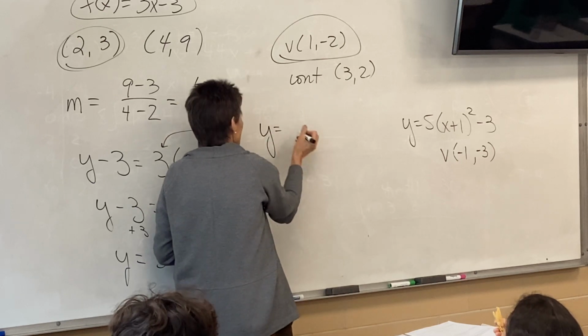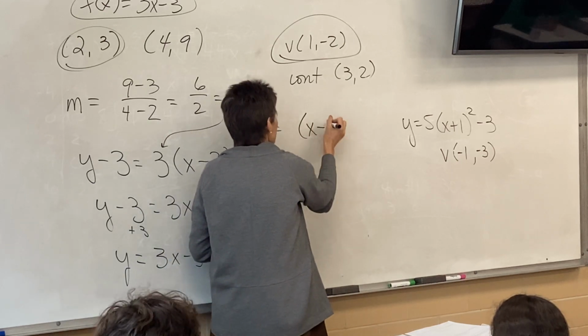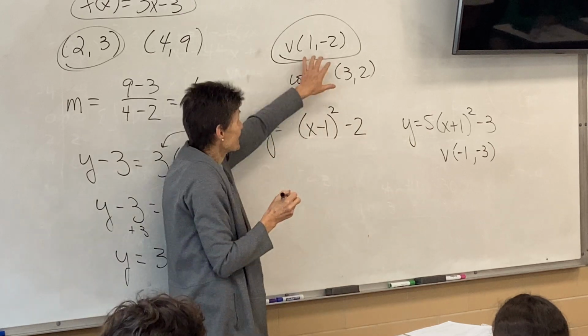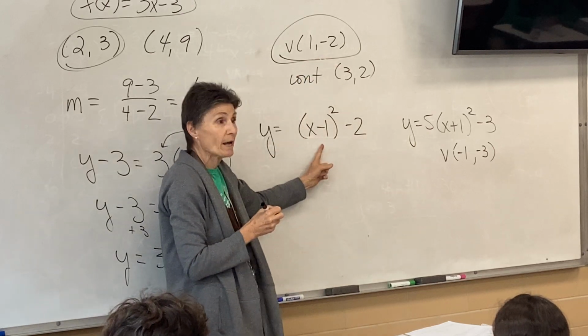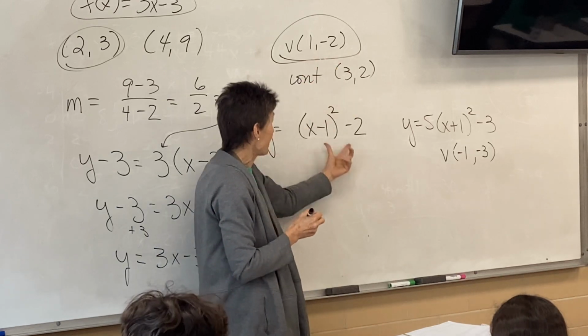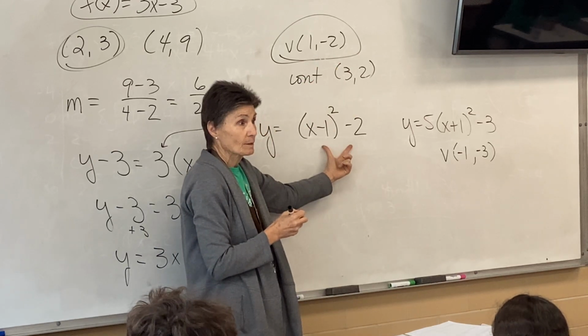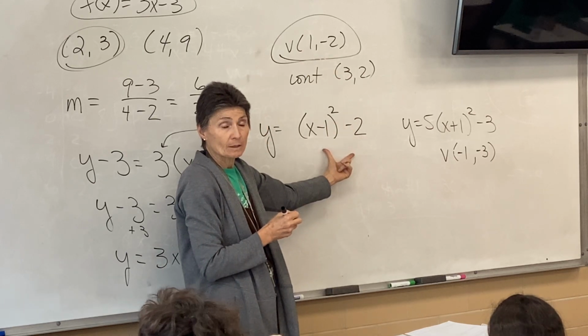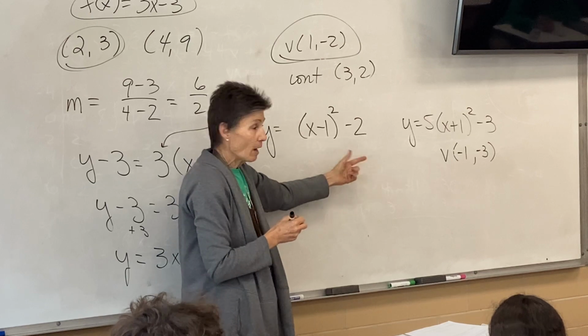So y is going to equal a times x minus 1 squared minus 2. That's how you get a vertex that's right 1 and down 2. These numbers go into the equation. Now, what's missing?